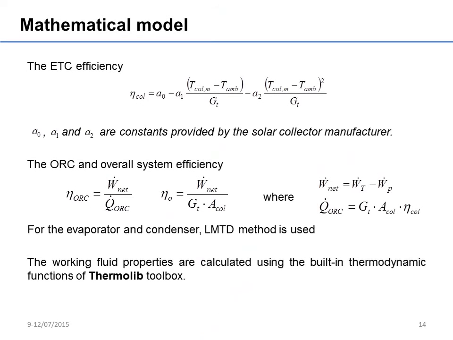The mathematical model. The evacuated tube solar collector efficiency can be determined from the following equation, as a function of the solar radiation, the collector mean temperature between inlet and outlet, and the ambient temperature. A0, A1 and A2 are constants provided by the solar collector manufacturer.